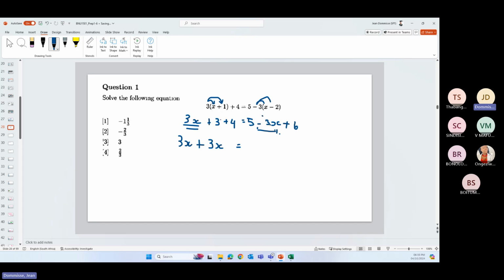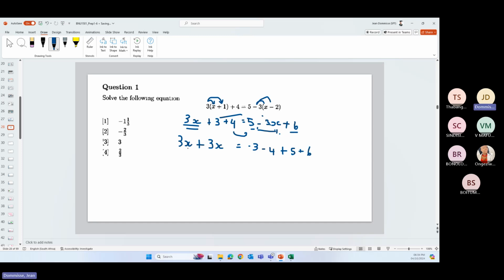And then I'll take all my numbers to the right-hand side. So the 3 going to that side becomes negative 3. The 4 going to that side becomes negative 4. And then I'm left with the plus 5 plus 6.